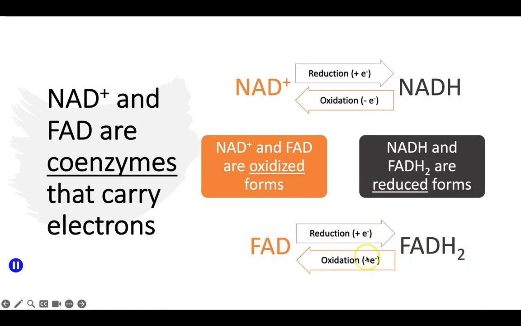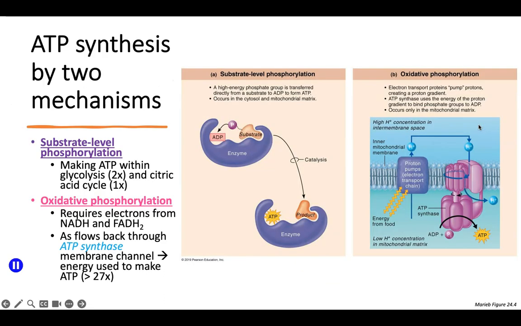So that cycle is also going to occur in multiple metabolic pathways. The bottom line here is NAD and FAD are the oxidized forms of these coenzymes. NADH and FADH2 are the reduced forms of those same coenzymes. So it's these cycles that are going to be helping with the metabolic pathways within our bodies.